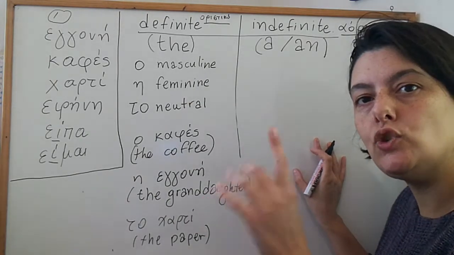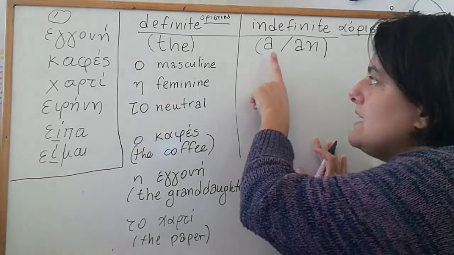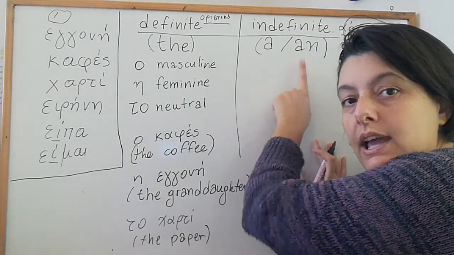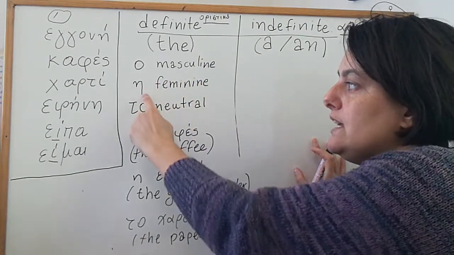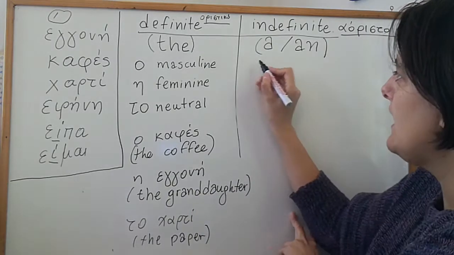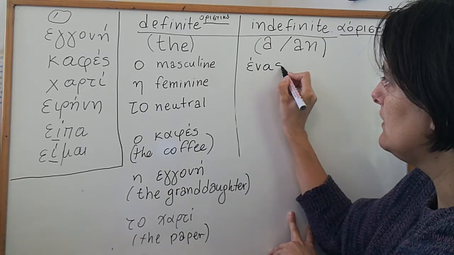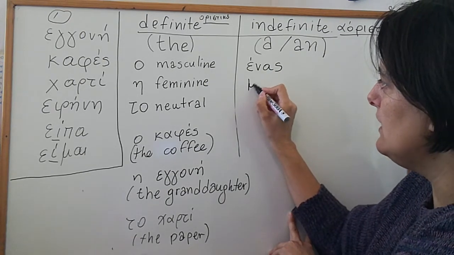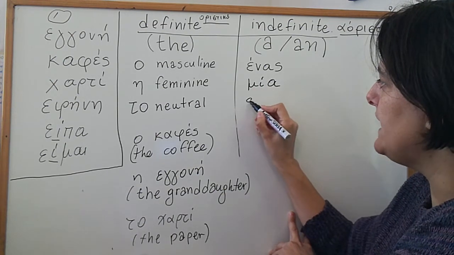So, as in English, we have the definite the and the indefinite a or an. In Greek, we have the definite o, i, to, or the indefinite ένας, μία, ένα.